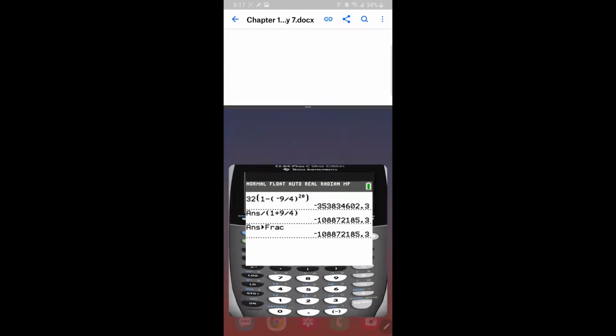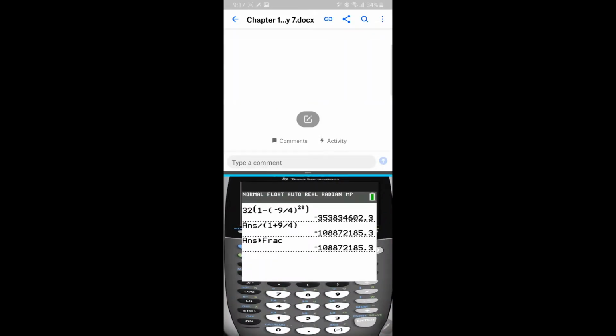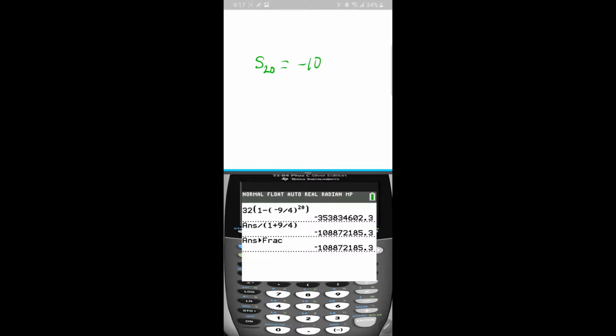So S sub 20 equals negative 108 million, 872,185.3. Okay? That's our sum.